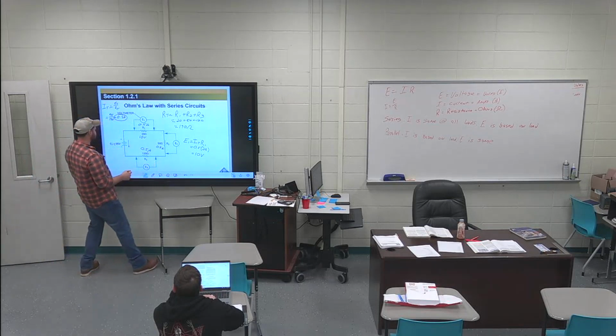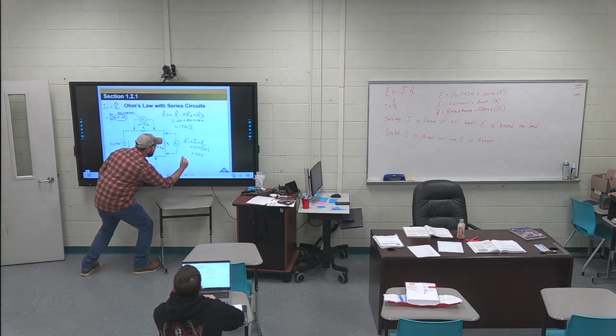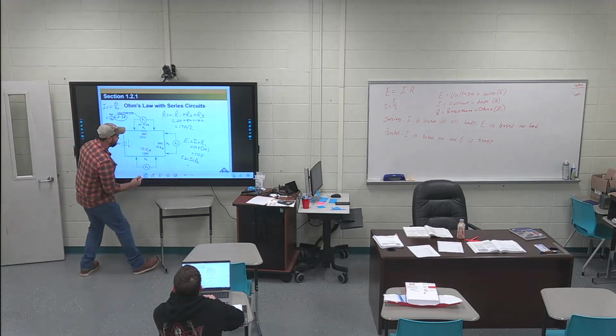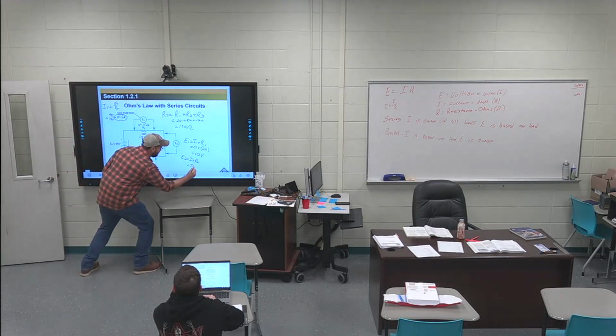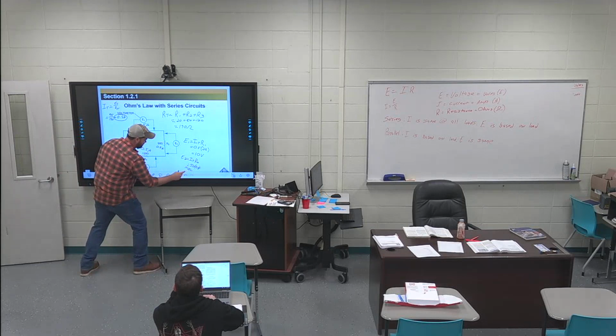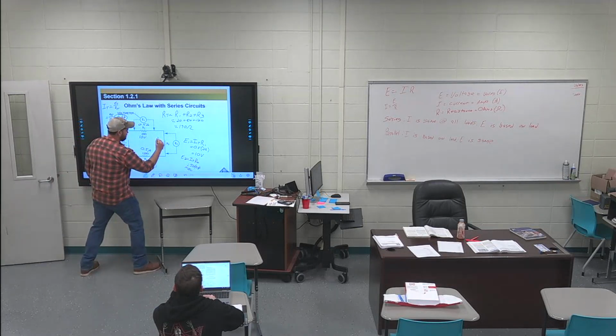E2 equals I total times R2, which is going to be 50 times 0.5. 25 volts.